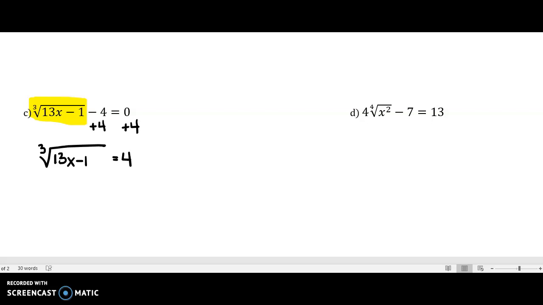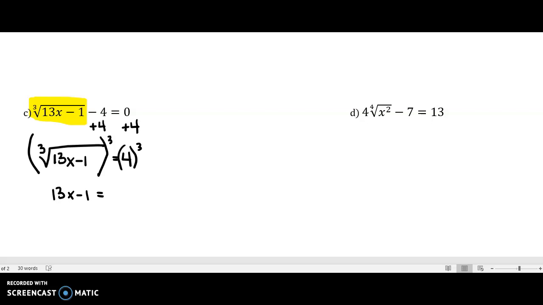Okay, now that the radical is by itself, I can undo it. What power am I going to raise it to? The same as the index. So I raise both sides to the third power. I'm left with what's inside the radical.